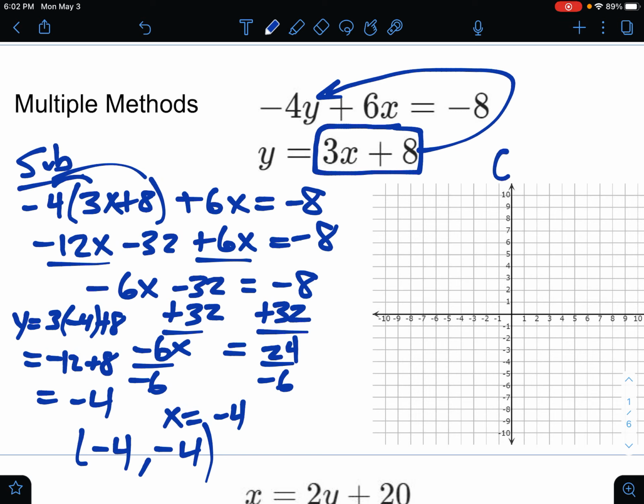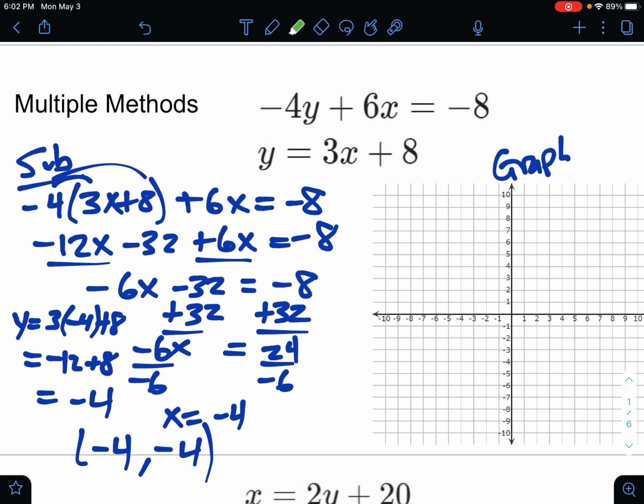I'm also going to graph both lines over here on the grid. So the second equation has a y-intercept of 8 and a slope of 3. So that means start at positive 8 and go up 3 over 1, because 3 is really 3 over 1, rise over run. So we run out of space pretty quickly here, following it up and right. So up 3, right 1 runs out of space right here.